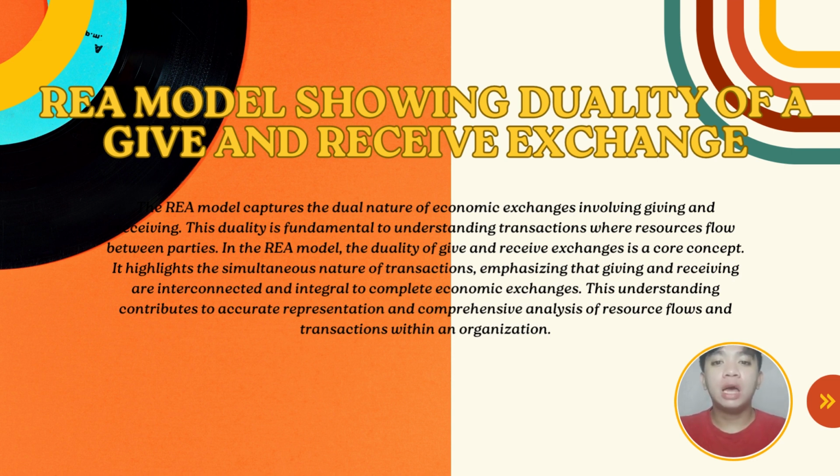It's the simultaneous nature of a transaction, emphasizing that giving and receiving are interconnected and integral to a complete economic exchange. This understanding contributes to accurate representation and comprehensive analysis of resource flows and transactions within an organization.